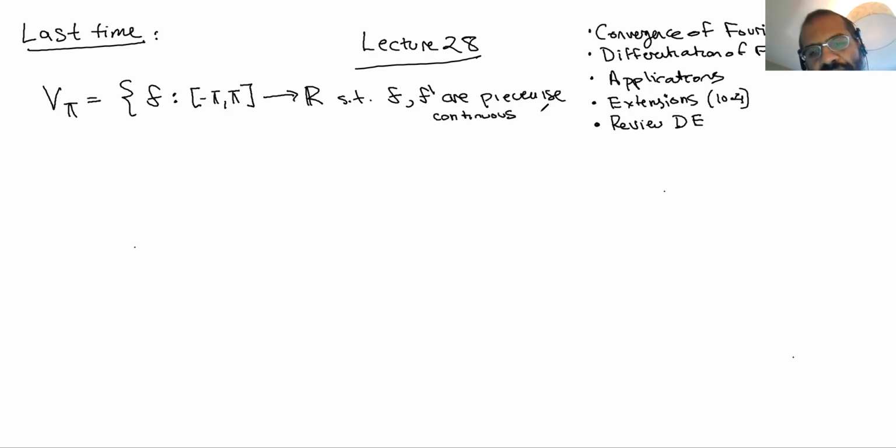That means you're allowed to ignore a finite number of points, and apart from those points, both these functions should exist and they should be continuous. And there's one more condition, which is bounded, which I didn't write in the last lecture, but that's important. I don't want the function to go to infinity or something. So that's a vector space.